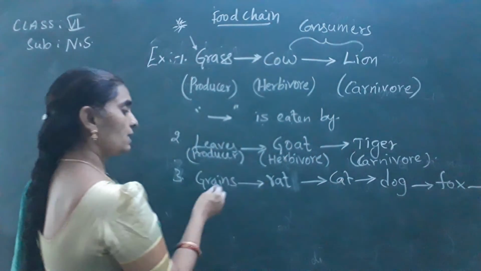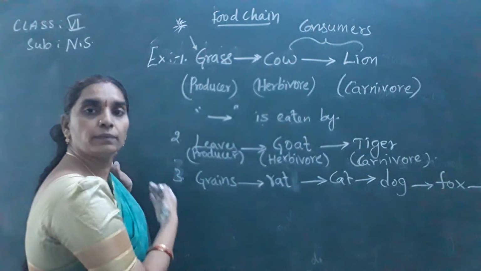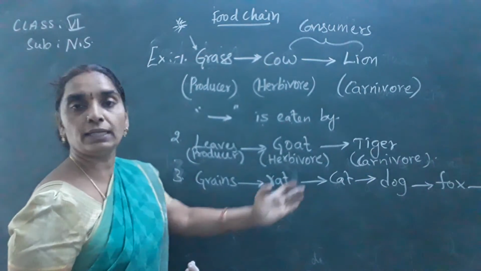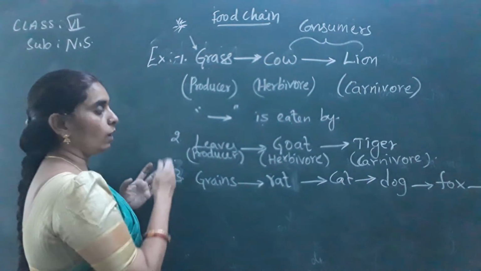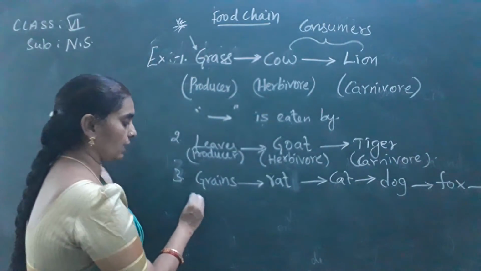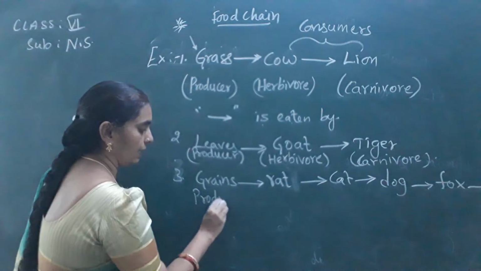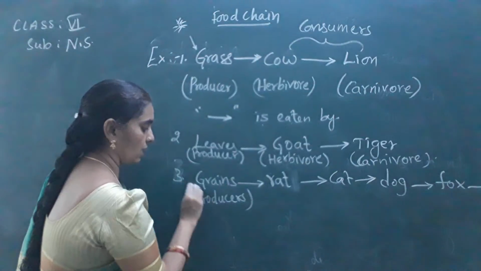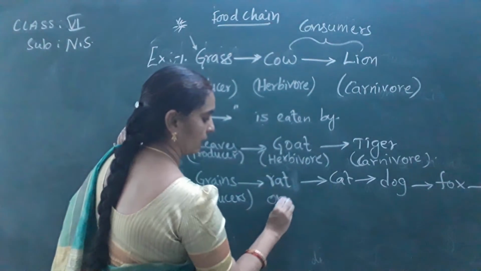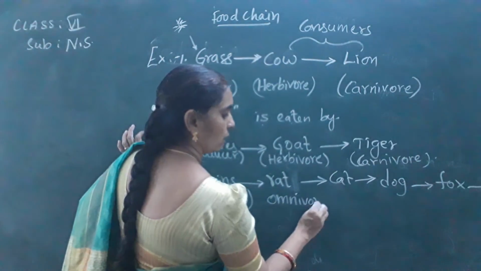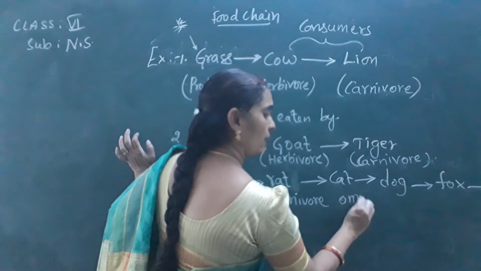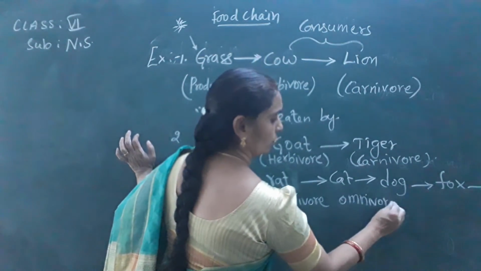Okay. So in fact, you can elaborate the link in this form where the food chain always starts in the producer and ends in the carnivores. See, rat is an omnivore. Cat may be herbivore or omnivore.